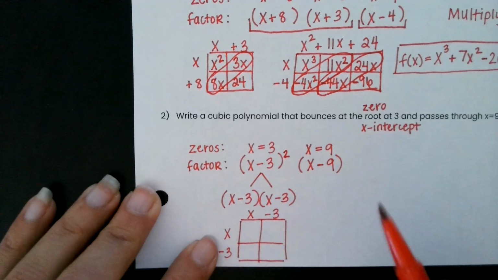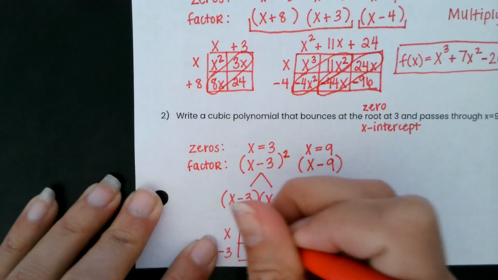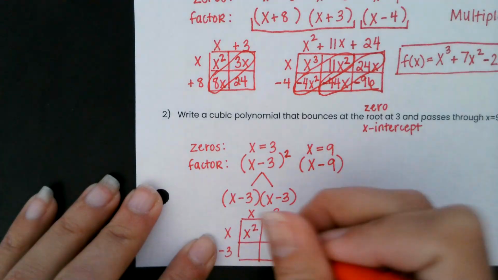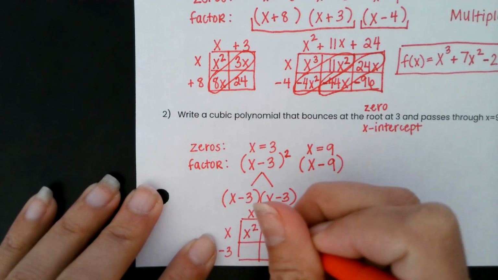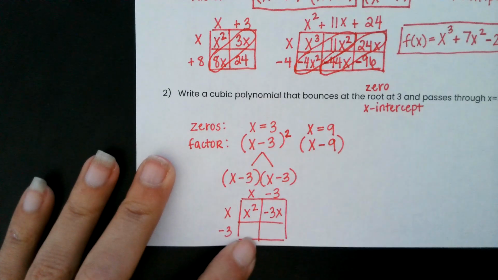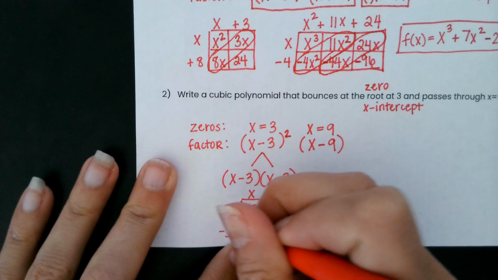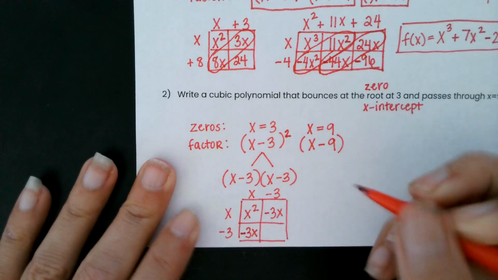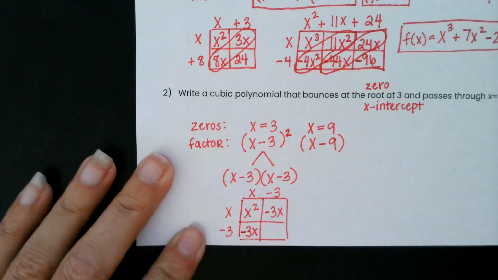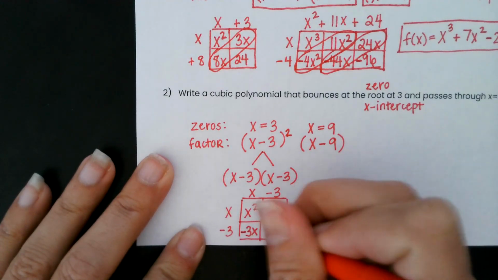X times x is x squared. Negative 3 times x is negative 3x. Another negative 3 times x, so another negative 3x. And then what's negative 3 times negative 3? Positive 9.